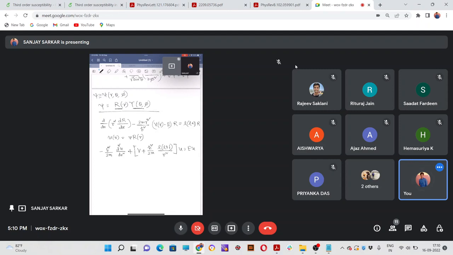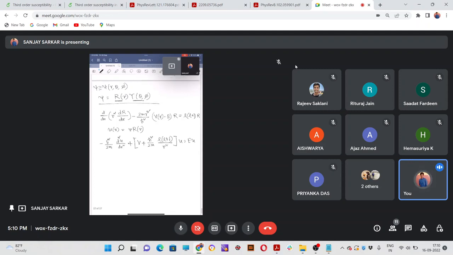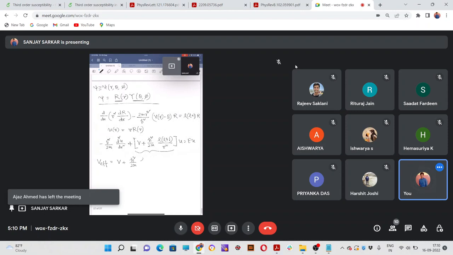Now if we see, this equation is similar to the 1D Schrödinger equation, only here the effective potential V effective is V plus h bar square by 2m L into L plus 1 by r square.